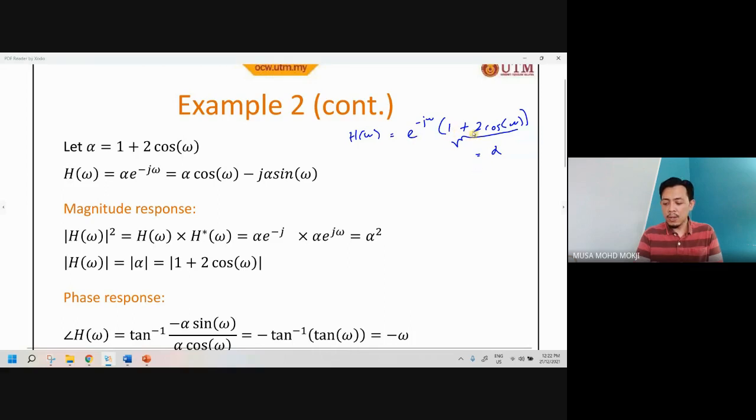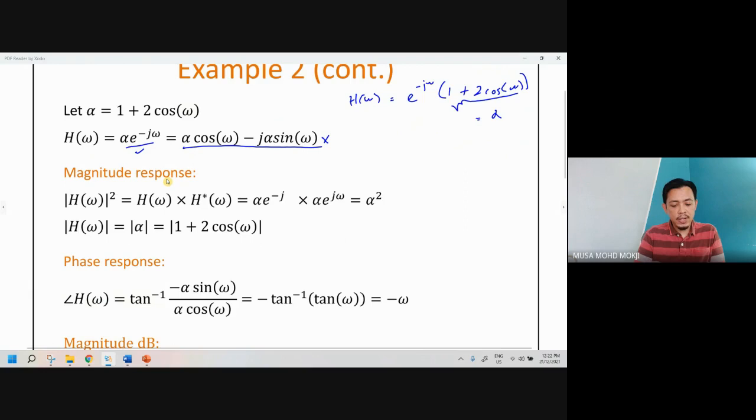So let's say 1 plus 2 cos omega is alpha. So H omega is equal to alpha multiplied by e minus j omega. If we expand, we get this one, but we don't want to solve this thing. We want to solve this one straight.